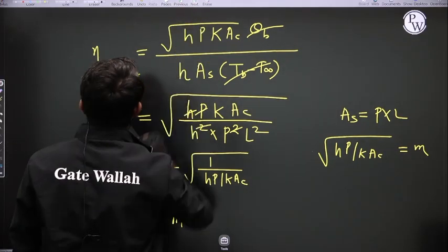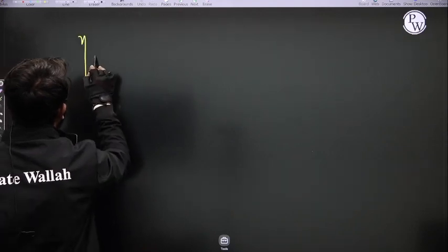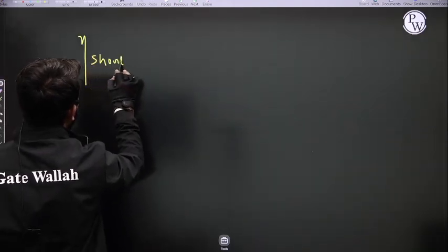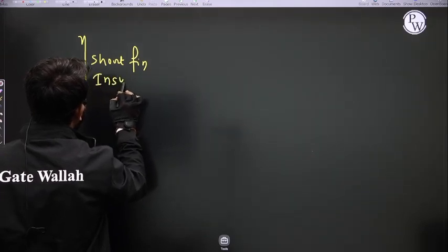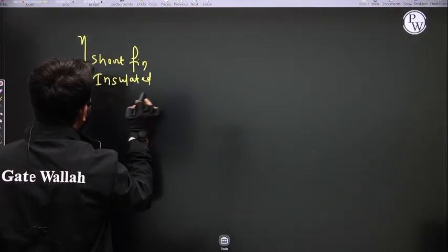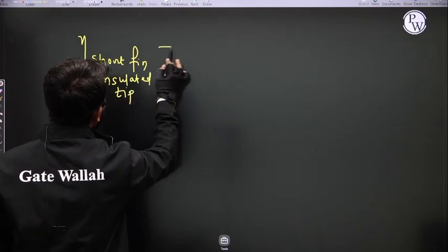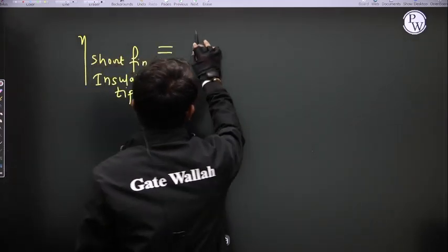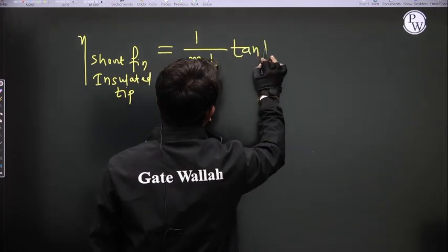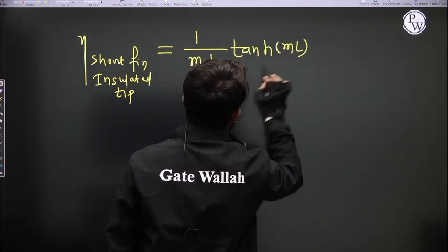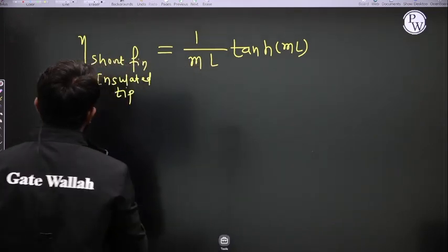If there is a short fin with insulated tip, then that is 1 by mL tanh mL. This is the efficiency of the short fin with insulated tip.